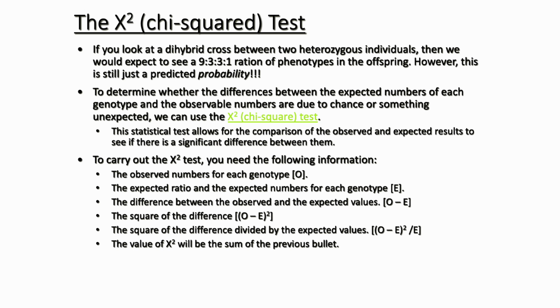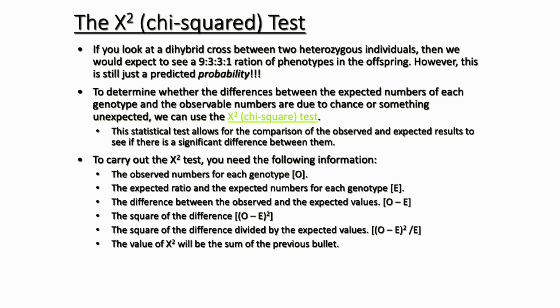You would need to have the observed numbers for each genotype, the expected ratio and the expected numbers for each genotype, the difference between the observed and the expected values, the square of the difference. That square of the difference gets rid of any negative numbers that might be present.